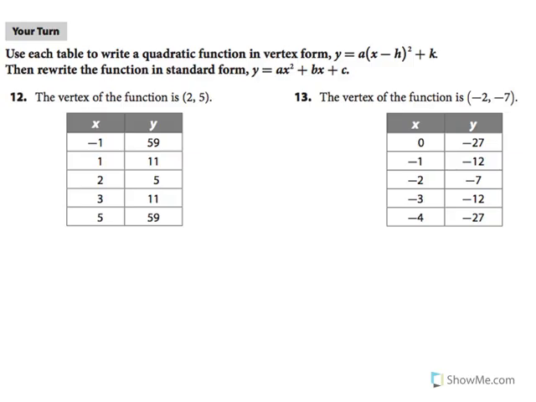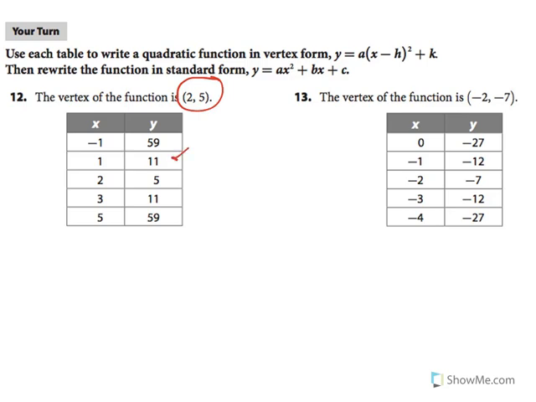Okay, so here, use each table to write a quadratic function in vertex form, then rewrite the function in standard form. Here they give us the vertex already, so then we can pick another point, so let's try this point here.